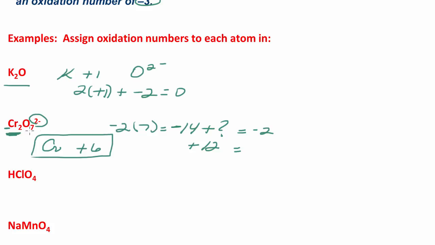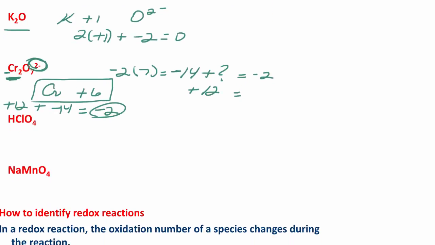Again, all oxidation numbers must add: 2 chromium atoms, each with +6, that's +12, and 7 oxygen atoms with -2, so that's -14. So -14 plus 12 is -2. Again, the sum of the oxidation numbers for an ion must equal the charge on that ion.